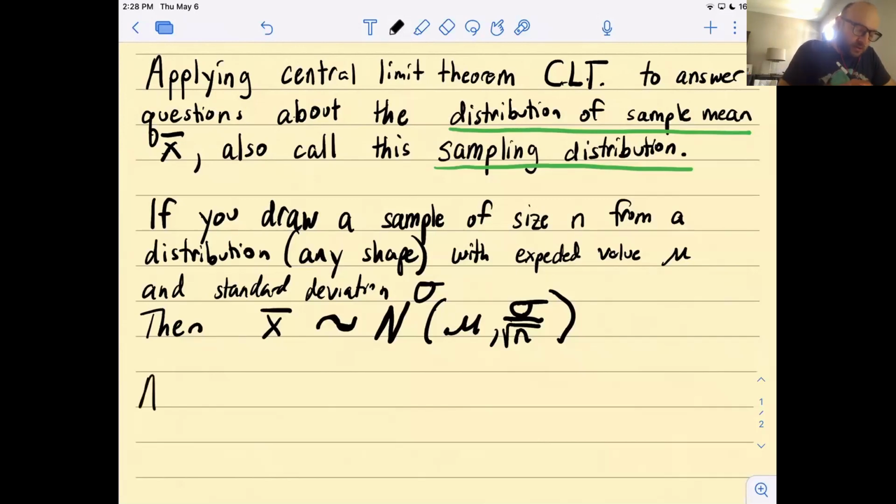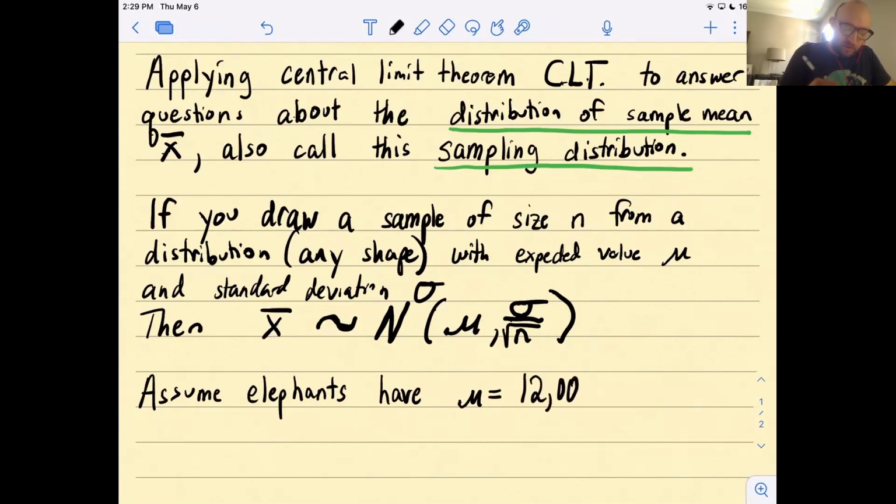So assume all elephants in the world have a mean of let's say 12,000 pounds and a standard deviation of 2,000 pounds.